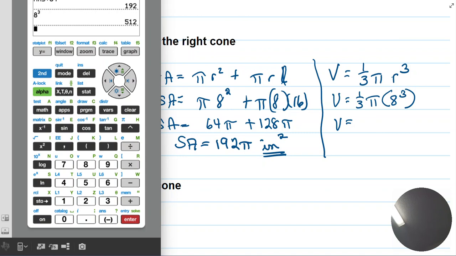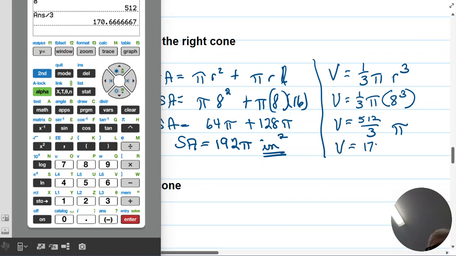Now, you can give me a mixed number, because my first class asked me. You would get 170.6666. So the volume is 170 2/3 pi, and both of these are in inches cubed. Either answer is okay. Is everybody comfortable with that?